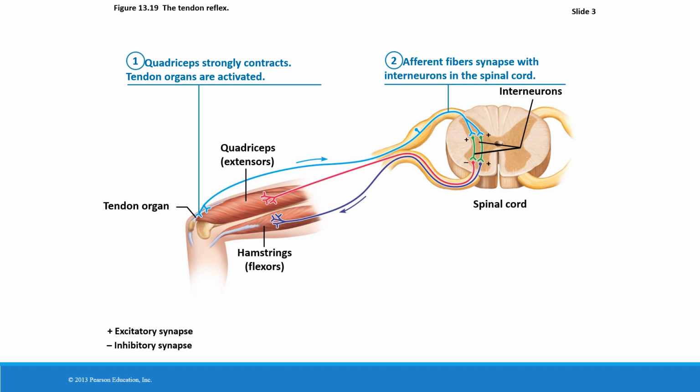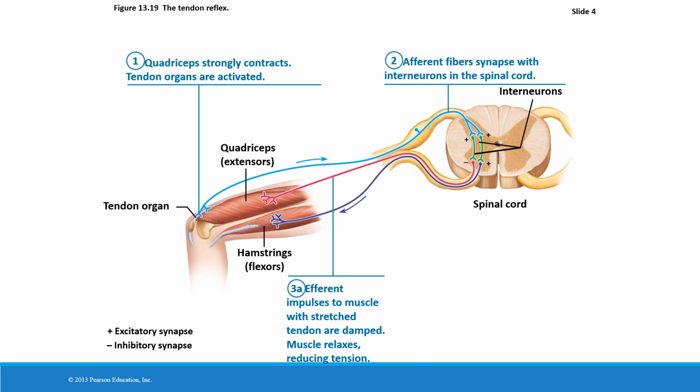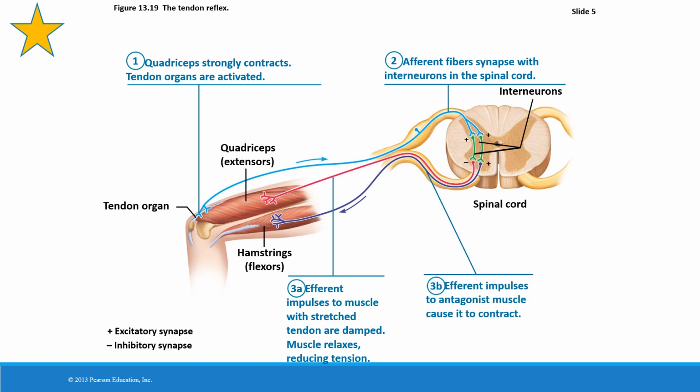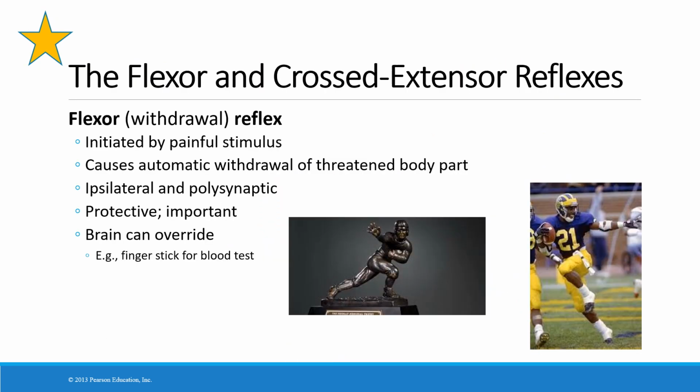Nothing new there. Number 3A, efferent impulses to the muscle with the stretched tendon are dampened and the muscle relaxes and reduces the tension. 3B, at the same time, efferent impulses to the antagonistic muscle cause it to contract.